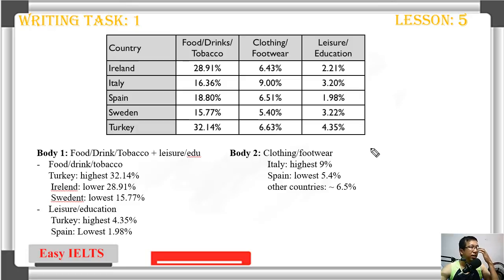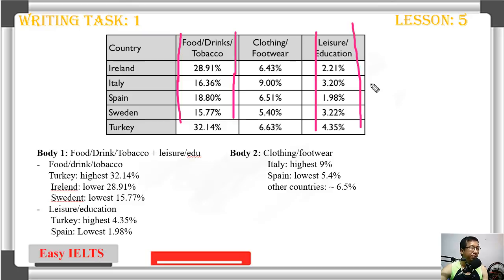For example, in this lesson, I think the easy way to do it is body 1, we talk about food, drink, tobacco, and leisure and education. And body 2, we talk about clothing and footwear. Or for body 1 you can say food, drink, tobacco, and body 2 you can write about clothing, footwear, leisure, and education.